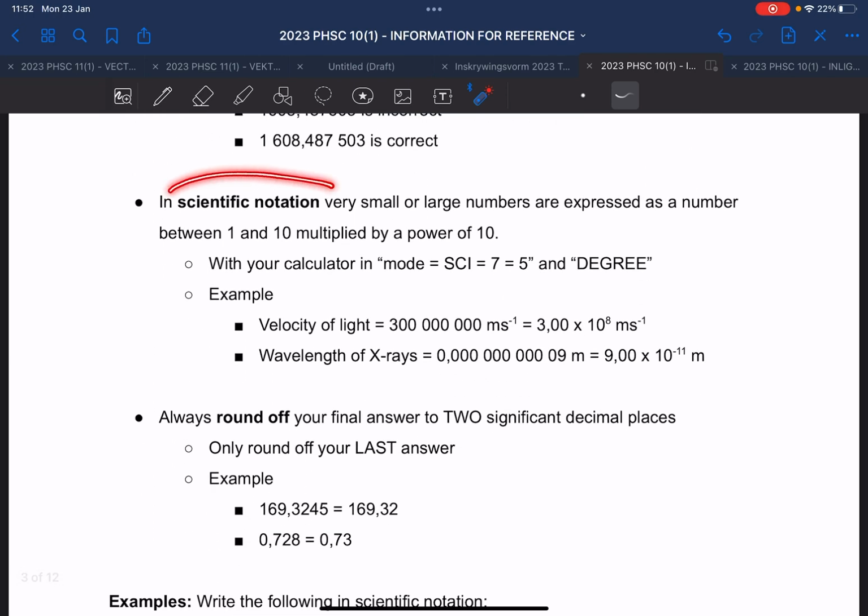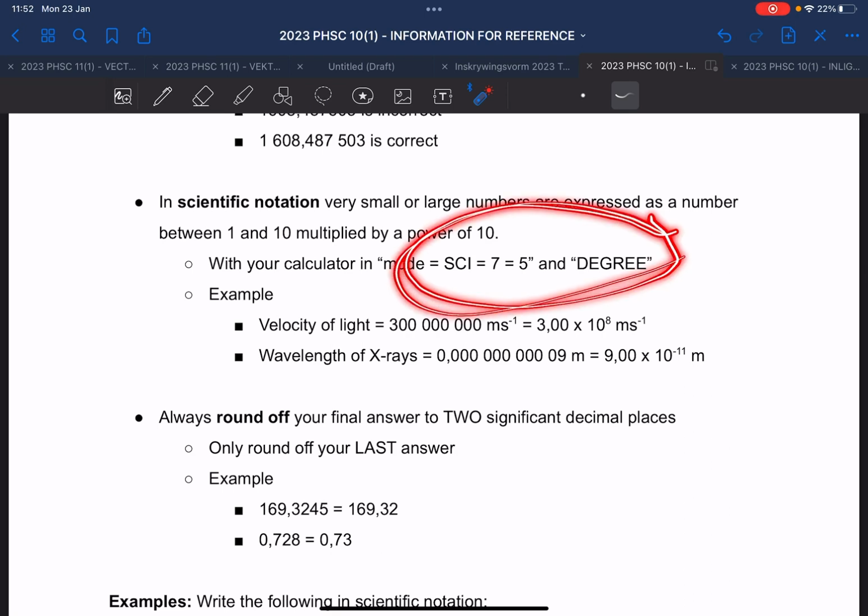Then we write in scientific notation. Now, if you have a Casio calculator, then this will work for you. If you do not have a Casio calculator, I'm going to post on the group what you must do to get your calculator in scientific notation. On your calculator, press shift setup, not mode, sorry, shift setup.